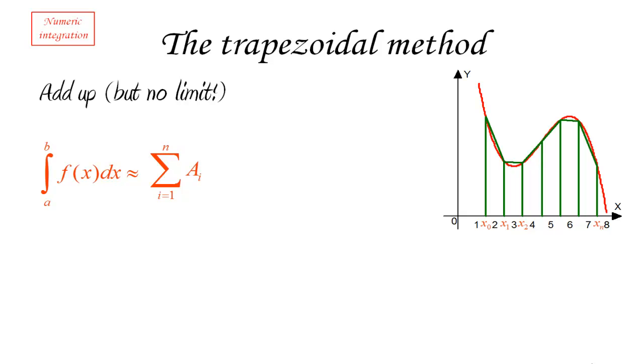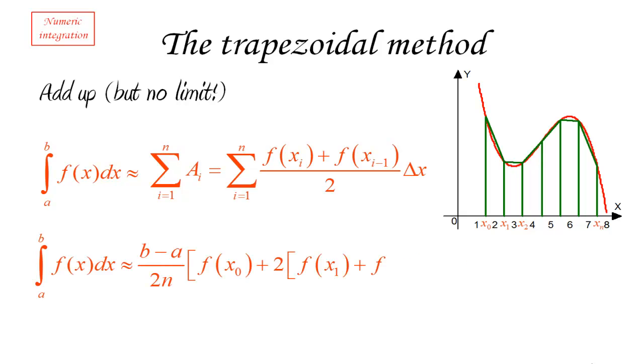If we use all those numbers and apply the formula for the area of a trapezoid to each one of those, you'll notice that x0, the first one, and xn are being used only once, namely for the first and the last trapezoid. But all the ones in between are being used twice, because they belong both to the slice on their left and the slice on their right. So if you work out the algebra of adding all the areas of these trapezoids, you end up with this formula.